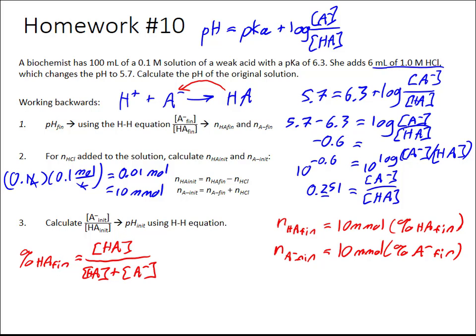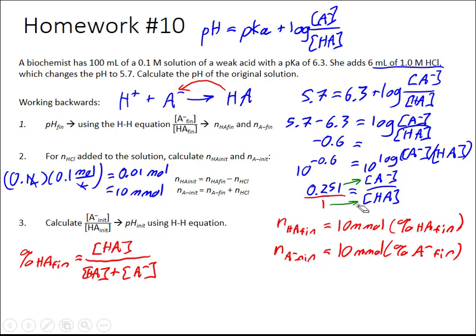The simplest for me is to think about this expression here as 0.251 over 1. And when I do that, I can basically now say that, at least in relative terms, using arbitrary concentration units, the concentration of A minus is 0.251 of the concentration of HA.